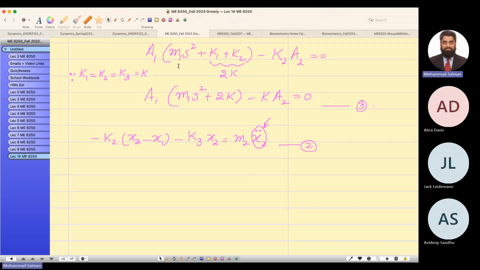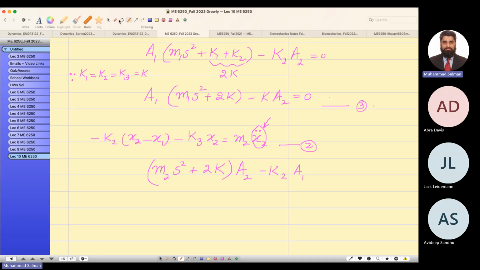After you do the math, you will get this answer. M2 s square plus 2K times A2 minus K2 A1.